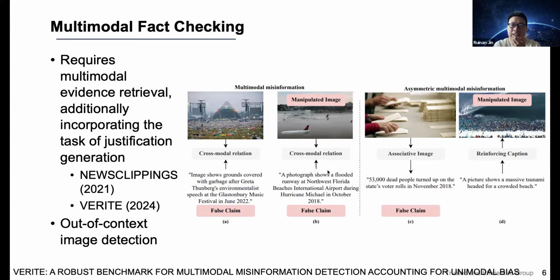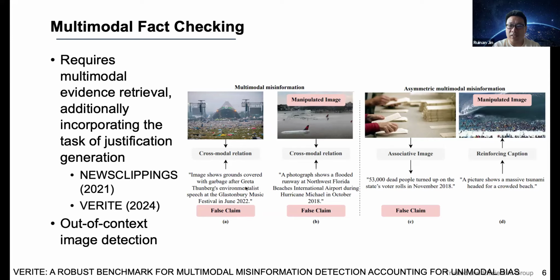For example, they have two cases. One case is called the cross-modal relation. The photo shown here is paired with a potentially false caption, saying the image shows the ground covered with garbage after and so on. So something here may be wrong. The caption paired with the image is wrong, and this is a false claim.